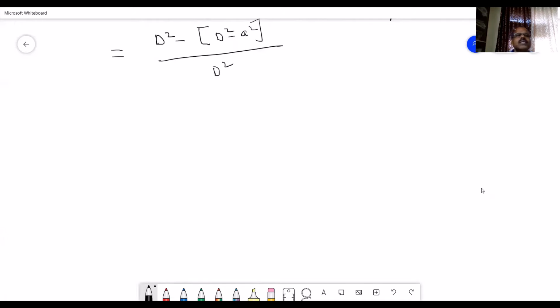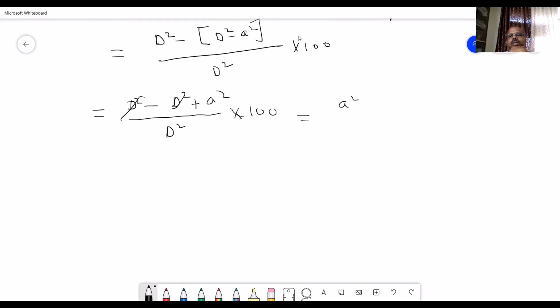Further simplification: it will become D square minus D square plus A square. Sorry, here 100 is also there, I forgot to write. Divided by D square. So this D square will get cancelled. Here 100 is also there, so this will become A square into 10 square, since 100 is 10 square, divided by D square.